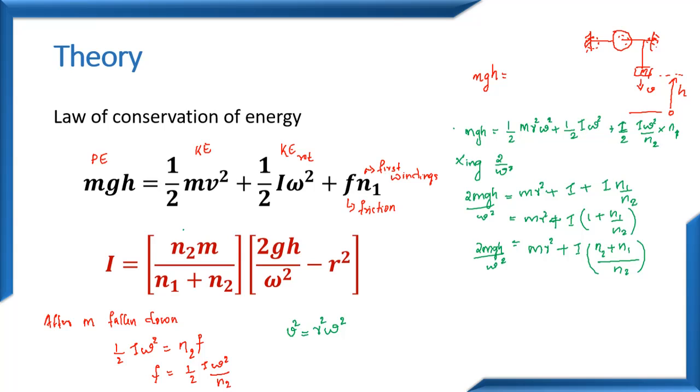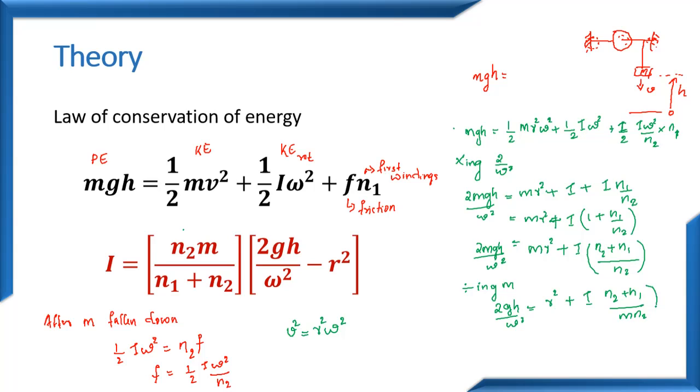Again, I wish to divide with m on the LHS and RHS. What I will get is 2gh by omega square equal to r square plus I into N2 plus N1 divided by m N2.